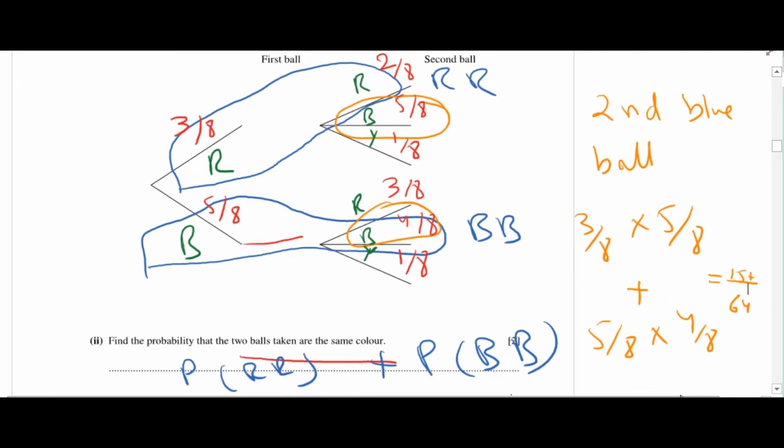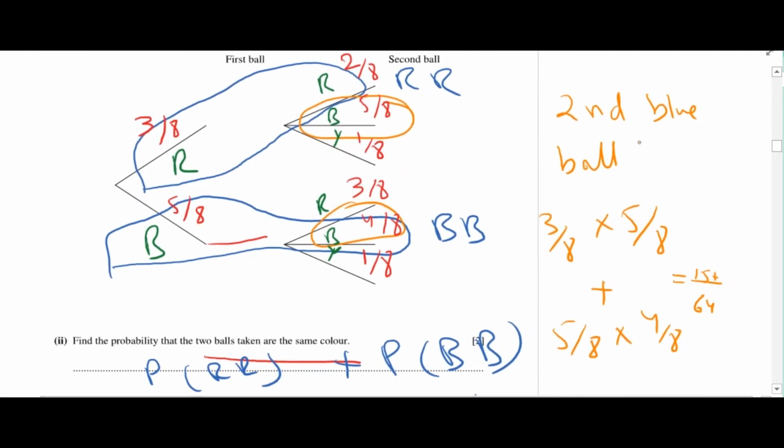So this would become 64 in the denominator, 15 plus 20. That would become 35 upon 64.